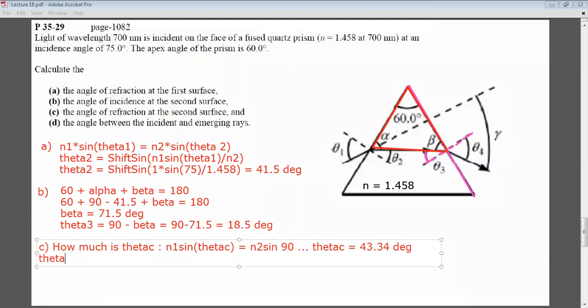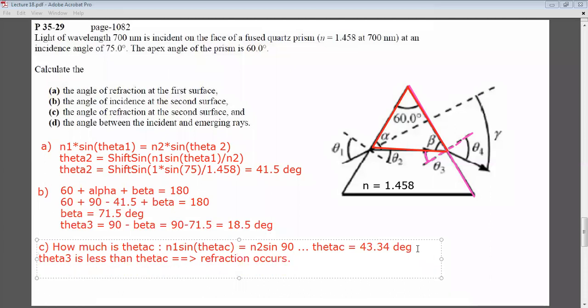Now, if this theta here was above theta critical, then total internal reflection would have happened. But our theta 3 is less than theta critical, which implies refraction occurs, and when refraction occurs, N1 sine theta 3 is equal to N2 sine theta 4. Here you have to remember that we're going from N1, which is 1.458, to N2, which is 1, because we're moving from glass to air.